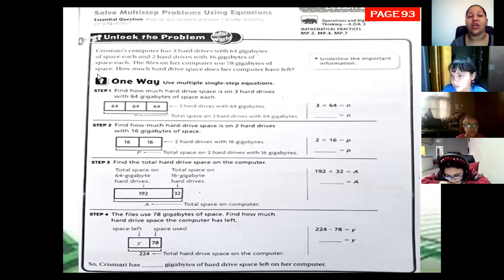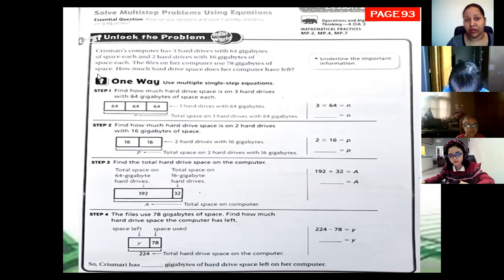Okay, so it's important, people, that we try to identify or underline the important information. They are talking about what? The gigabyte, the hard drives of the computer.